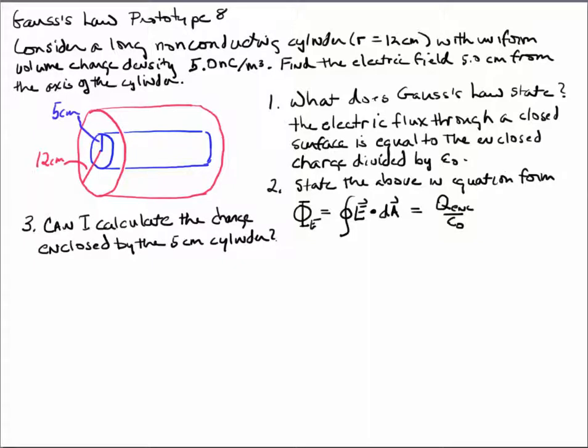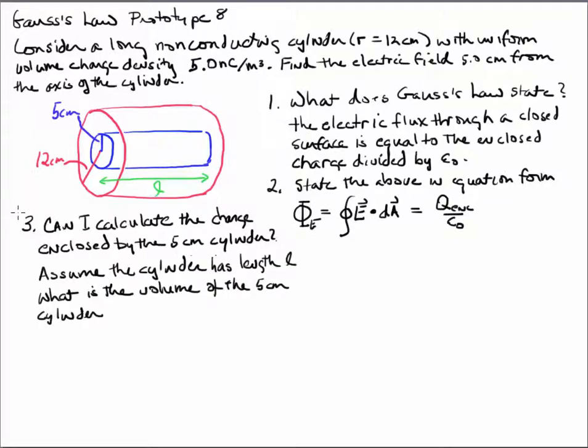Go ahead and try your hand at it, pause the video, and then restart it once you think you've got it. Let's start with the idea that we have a length L of this cylinder. And assume that that is the volume that encloses the charge.